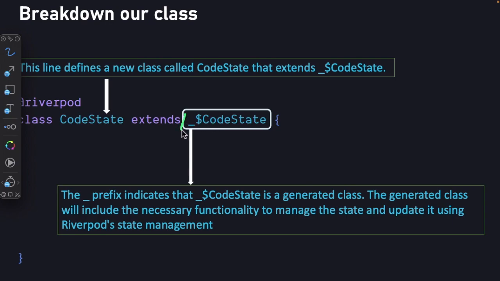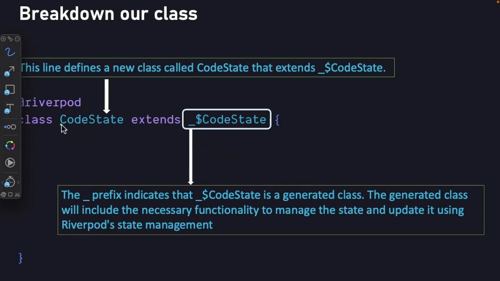Here we have this prefix right here. This prefix indicates that this CodeState is a generated class. The generated class will include necessary functionalities to manage the state and update it. We update it using Riverpod state management. So that's all about it.